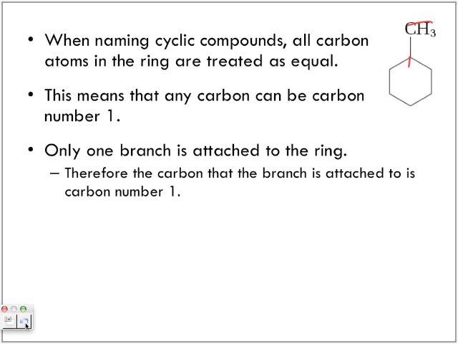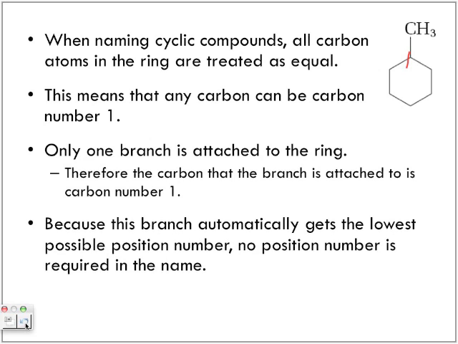If we didn't have this, any one of these corners could be number 1. But because we do have this branch chain, that must be the number 1 carbon. Now, because this branch automatically gets the lowest possible position number, which is 1, we do not need to show a position number.